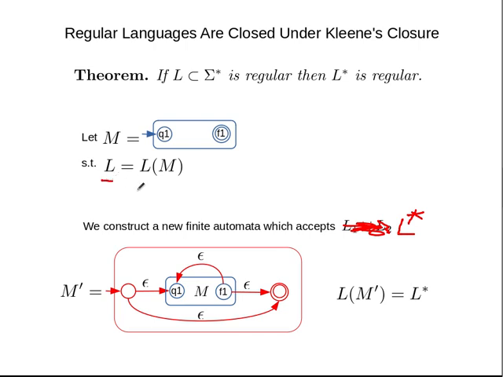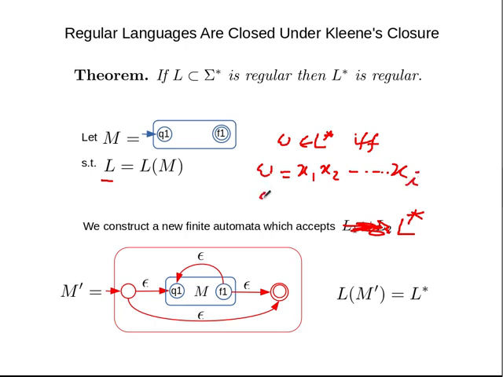Okay, and why is it so? Because you see, when will it be in L star? W is in L star if and only if this W is some x1, x2 up to some xi for some i, right?